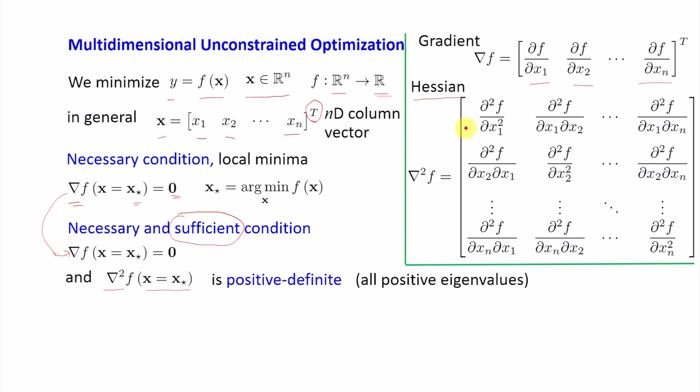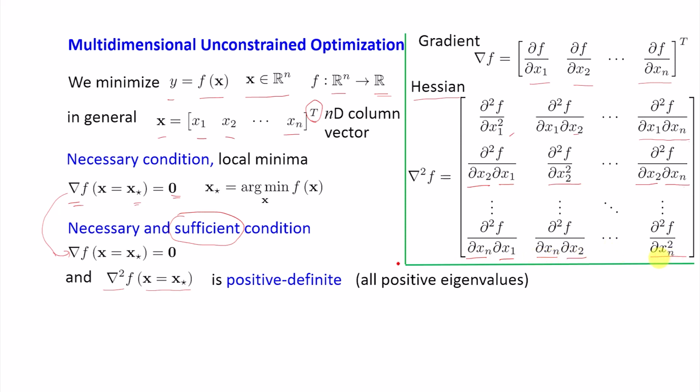In this matrix, every element is a double derivative. So first one is del 2f del x1 squared, then del 2f del x1 del x2, etc. Last element of first row is del 2f del x1 del xn. Similarly, in second row, del 2f del x2 del x1, then del x2 squared, all the way up to del x2 del xn. Last row starts from del xn del x1, del xn del x2, all the way up to del xn squared.